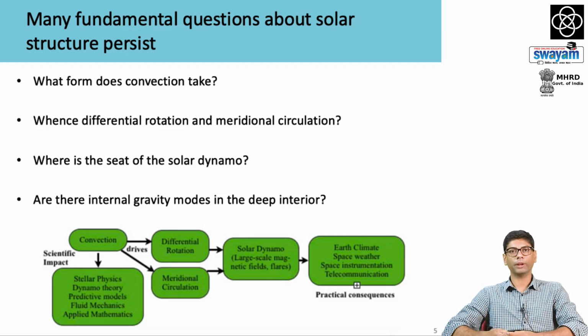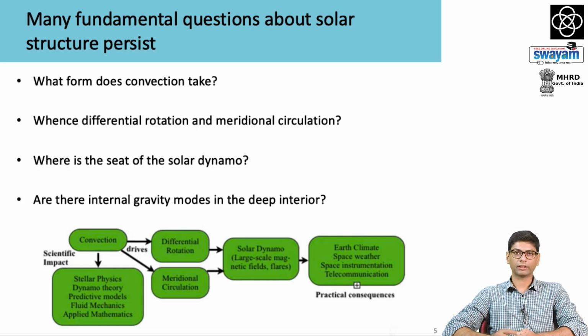A dynamo, by the way, is a self-sustaining magnetic field. If you had, let's say, a star, a ball of fluid, it's generating its own magnetic field, but also sustaining it over very long periods of time. That's what's called a dynamo. And we don't understand what drives a dynamo, what are the processes that make this possible. Are there internal gravity modes in the deep interior?